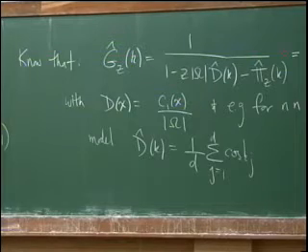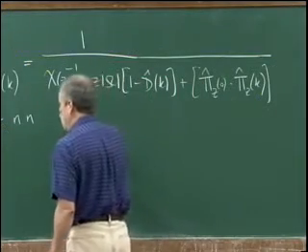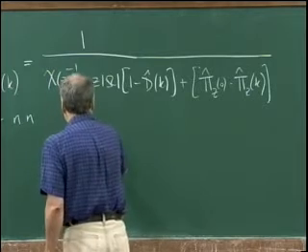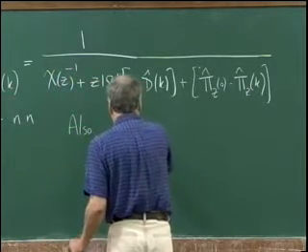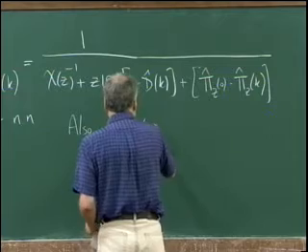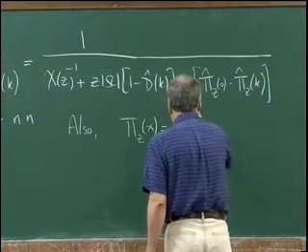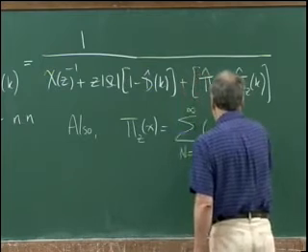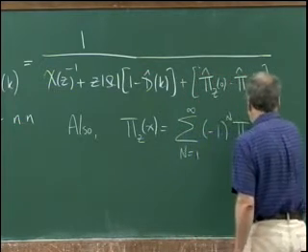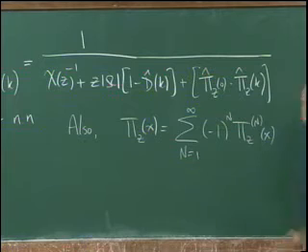Okay, so we had this formula. And what was pi? Well, pi z of x was equal to the sum over n equals 1 to infinity of minus 1 to the n of pi z n of x. So it was an alternating series. The pi z n of x is always non-negative.